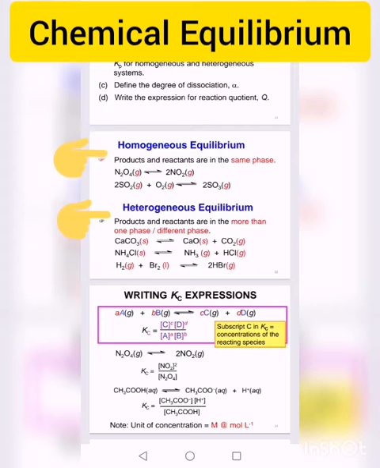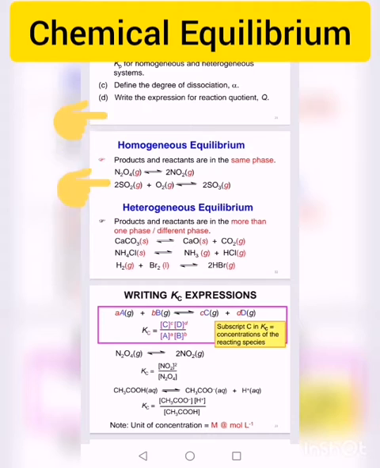And an example for heterogeneous equilibrium. Take a look. CaCO3 solid produces CaO solid and CO2 gas. And equation number 3, hydrogen gas and bromine liquid react to produce 2HBr. So we can observe we have different phases, maybe solid, gas, liquid.